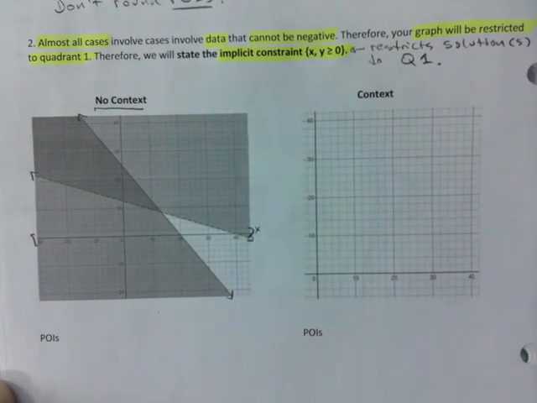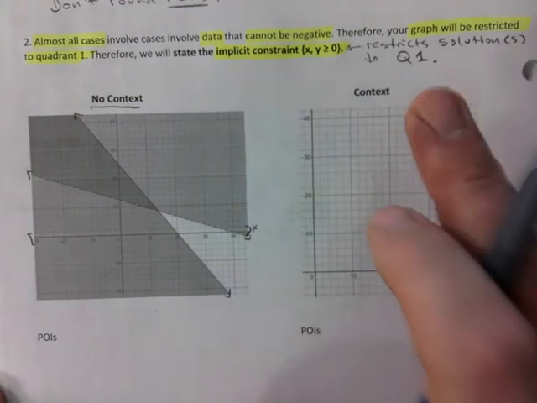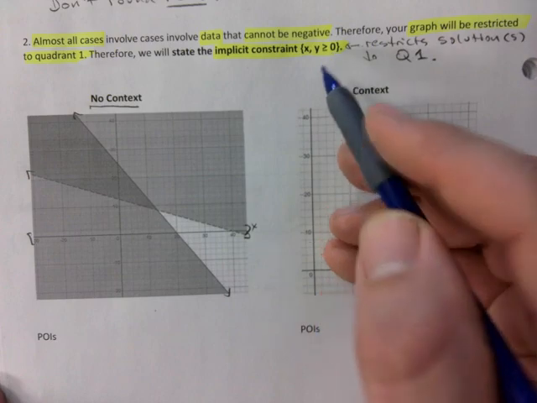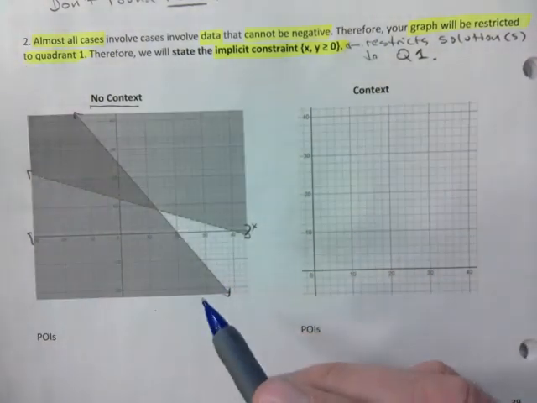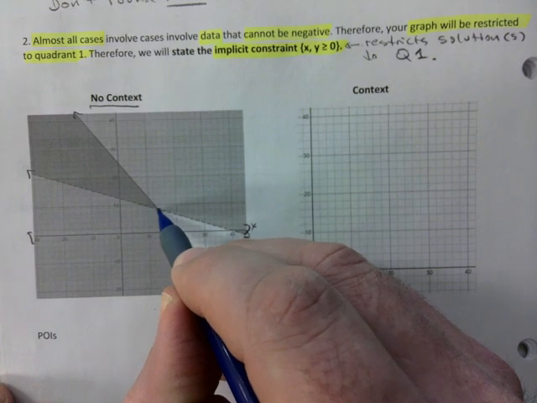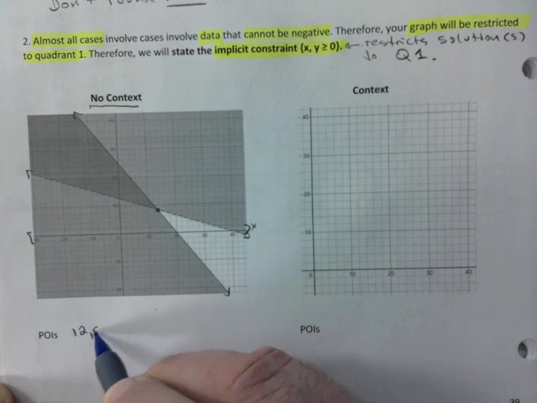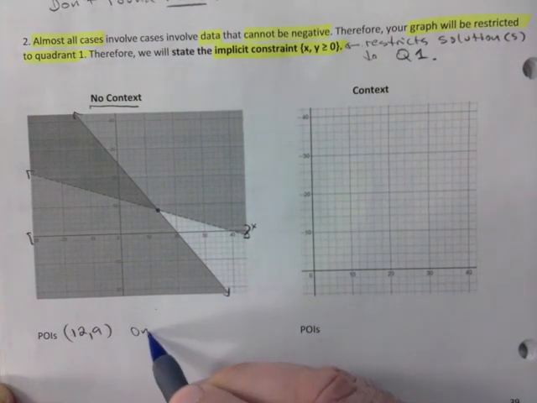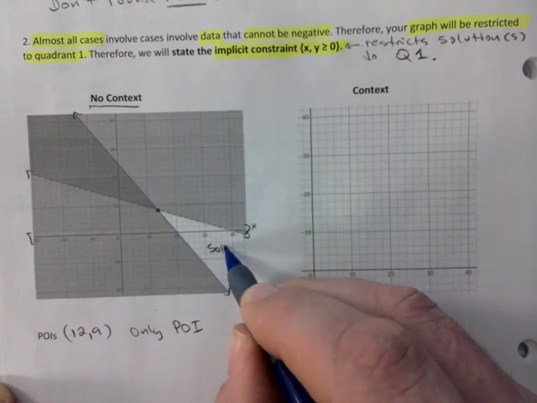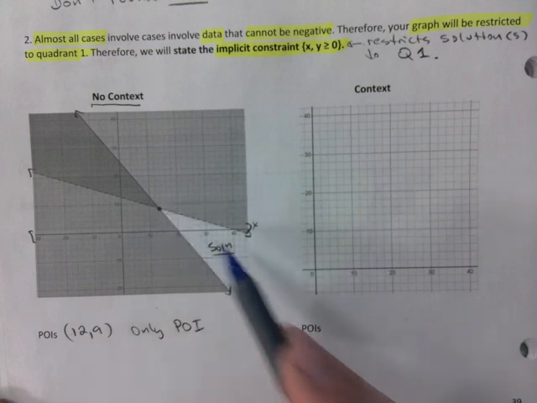So anyways, there it is, right? But if it's a context, if it's a word problem, we're going to be constrained to this because of that. So let's first come up with the POIs approximately. This would be 12.9. 12.9, that's the only POI, because this is your solution region, right? So in this case, you'd only have one. Okay.